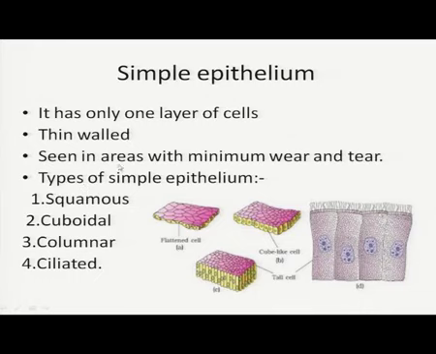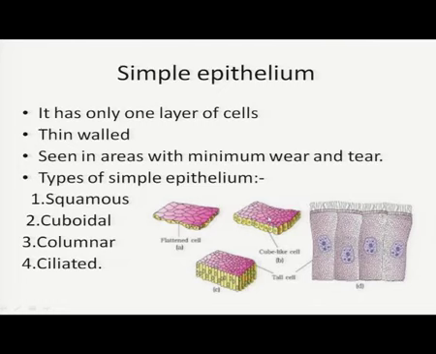Now, what are the different types of simple epithelial tissues? You can see squamous epithelial tissue, then columnar epithelial tissues, even ciliated epithelial tissues and cuboidal epithelial tissues.